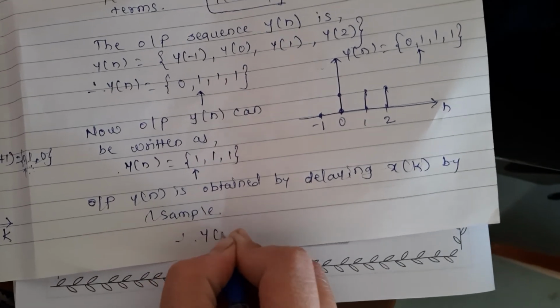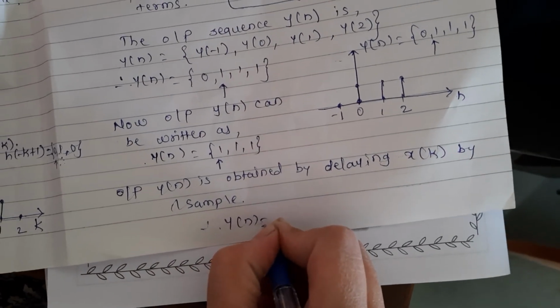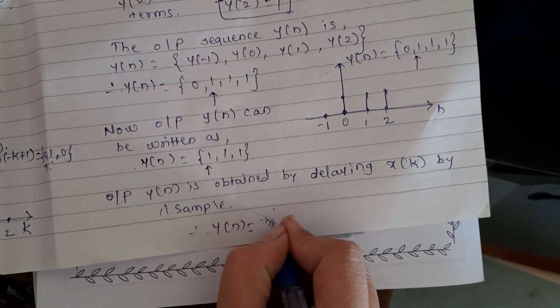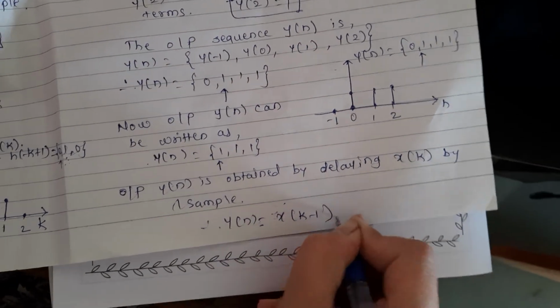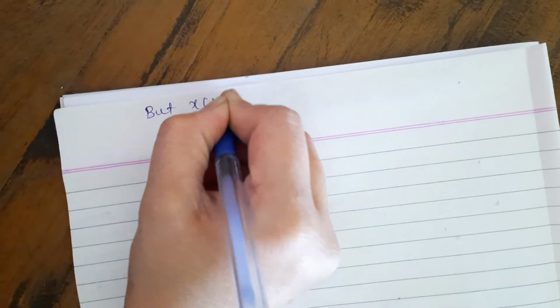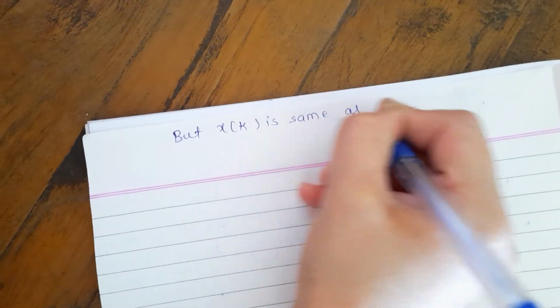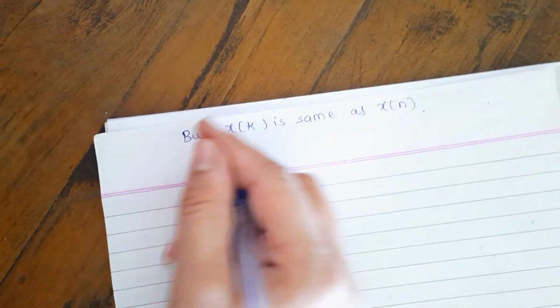Therefore y of n is equal to x of k minus 1. But x of k is same as x of n.